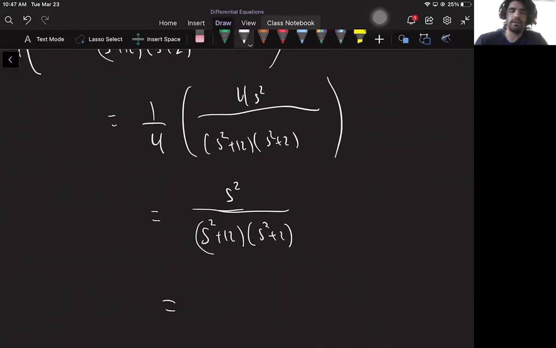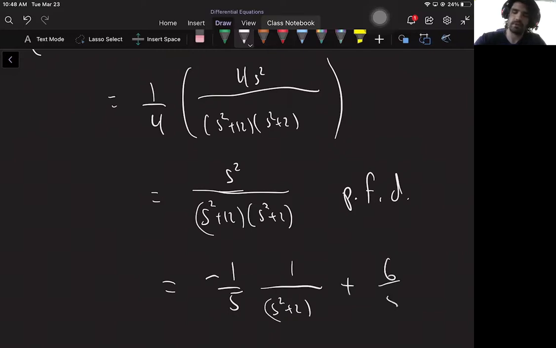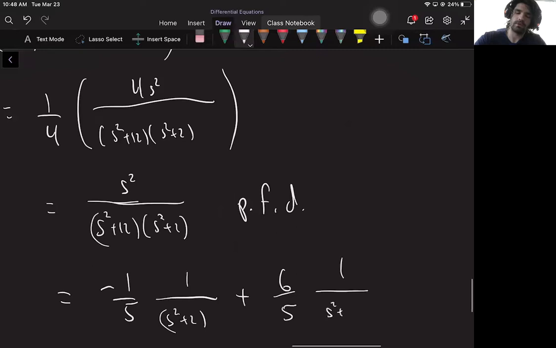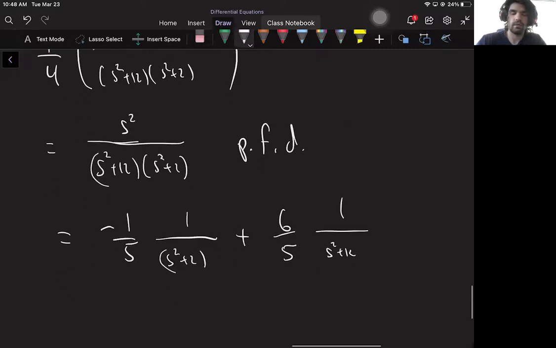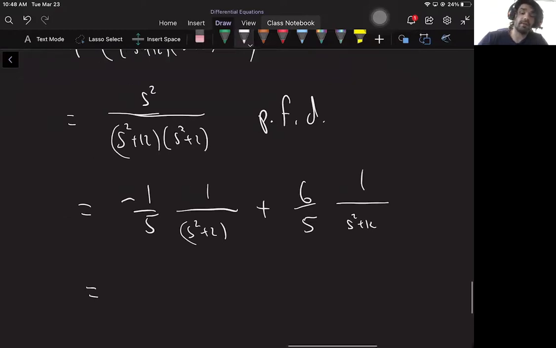Okay, and now we can use partial fraction decomposition to make this look a little bit better, and it'll turn into negative 1/5 times 1 over s squared plus 2, and the other one will be 6/5 times 1 over s squared plus 12. Okay, so now that is L of y1.